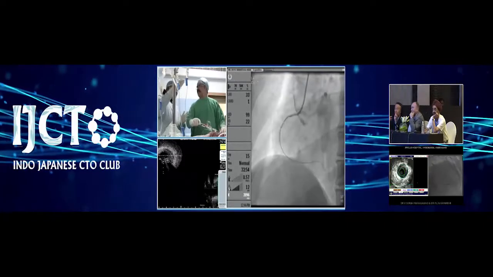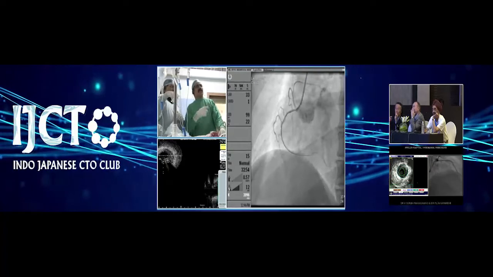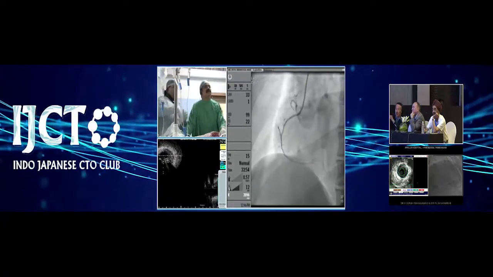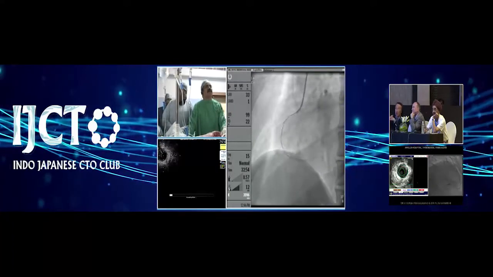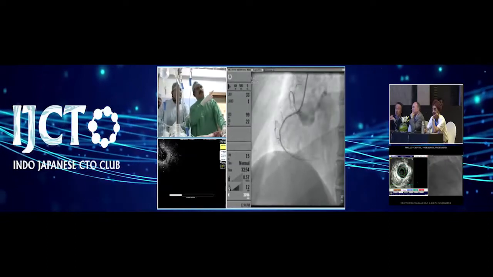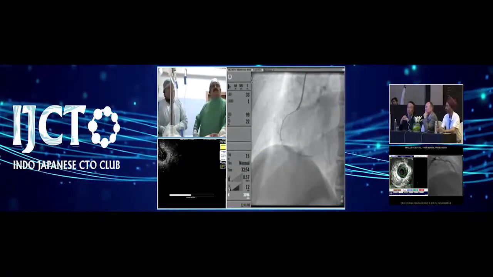Well, obviously easy to recognize because the tapering, especially XTR, is very hard to recognize as a tip. And probably he exchanged to a more non-tapered wire, I guess, to deliver the stent and IVUS. And I think it's the safest at this point.